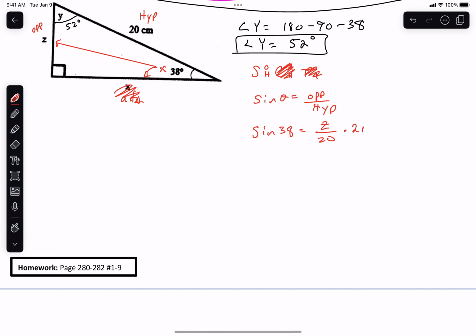Multiply both sides by 20. So z is going to equal 20 sine 38. This is how I type it in your calculator like that.